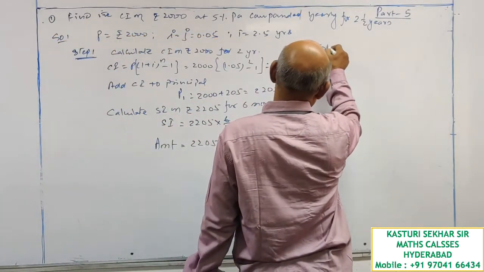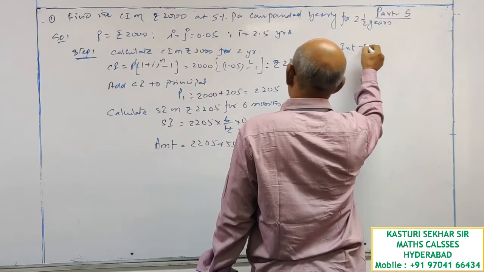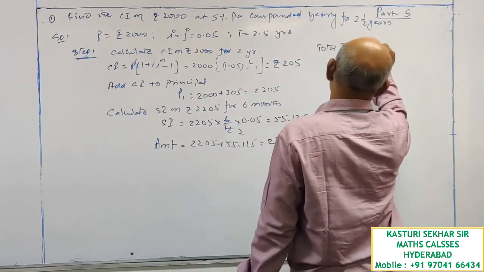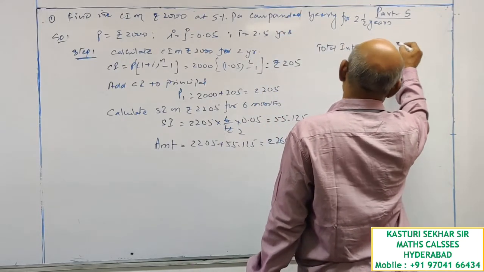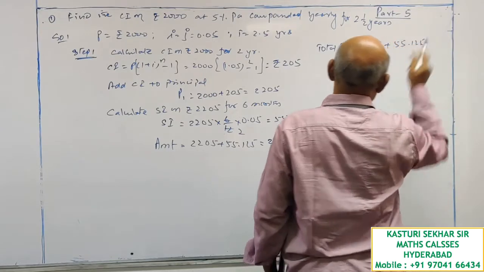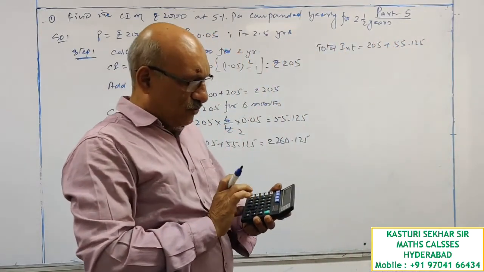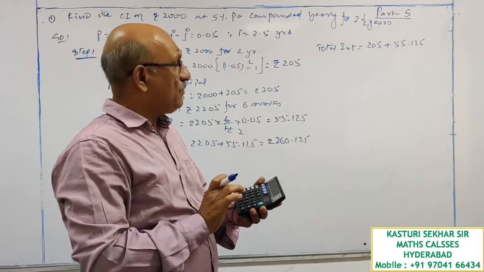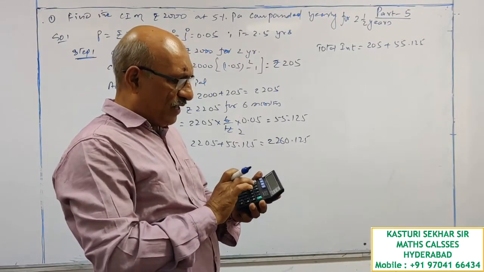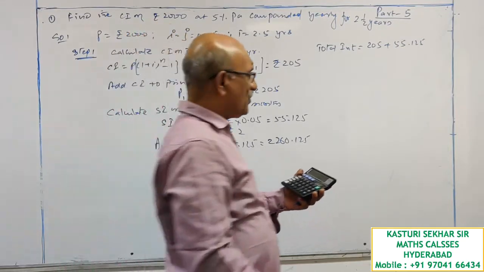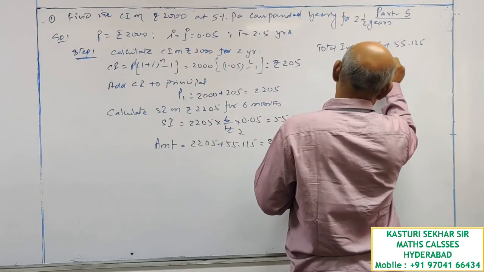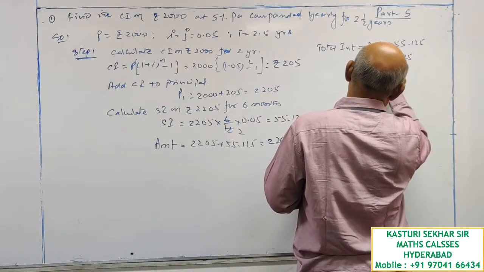Now total interest is equal to 205 plus 55.125. This is 260.125, rupees 260.125.